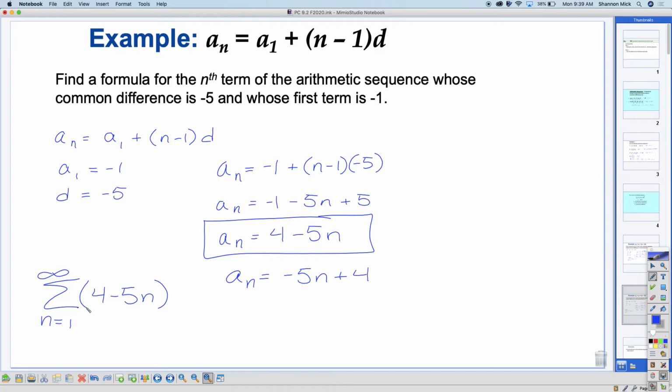When they write in summation notation, they don't use n as their index, because the formulas for summation have n's in them, and they're not the same. So they would have this i equals 1, and then this would be 4 minus 5i.